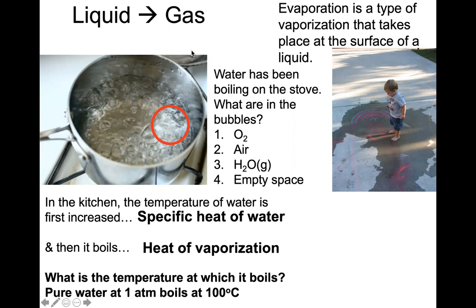Okay, so within this one, the majority of folks are saying it's H2O gas. I'm going to agree with that. I think what we have here, after it's been boiling for a while, is the transformation of H2O going from liquid to gas. It's going from H2O liquid to H2O gas.